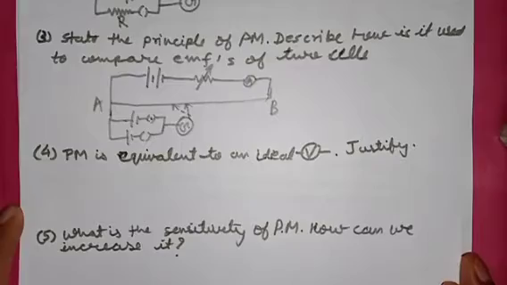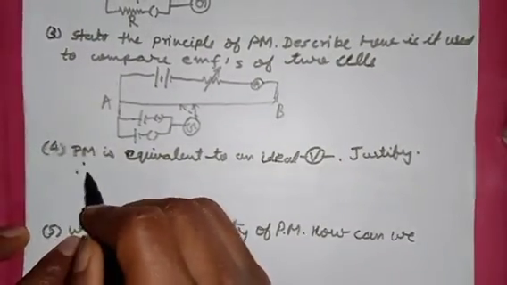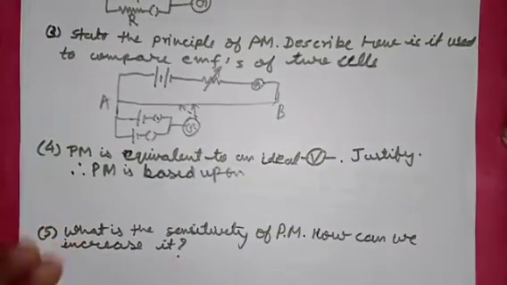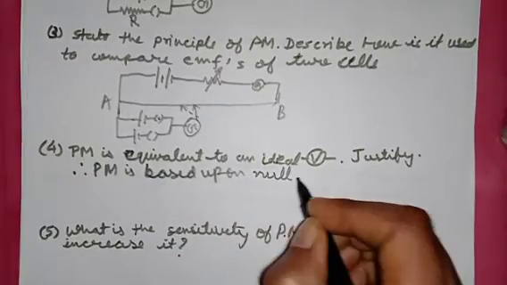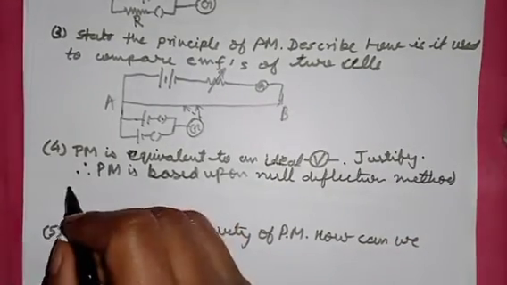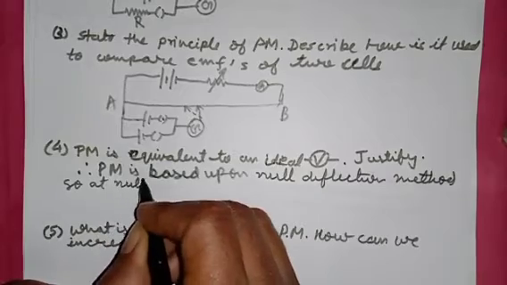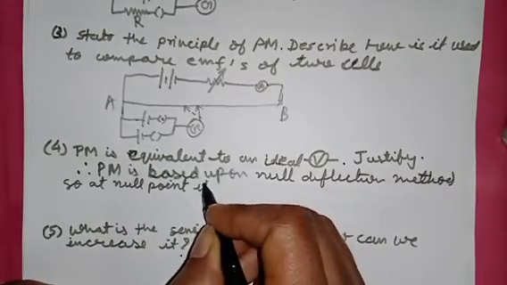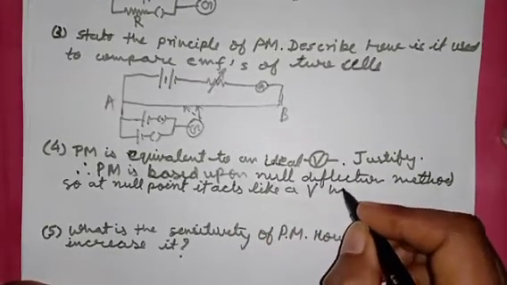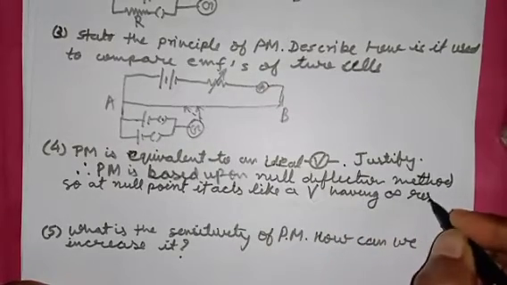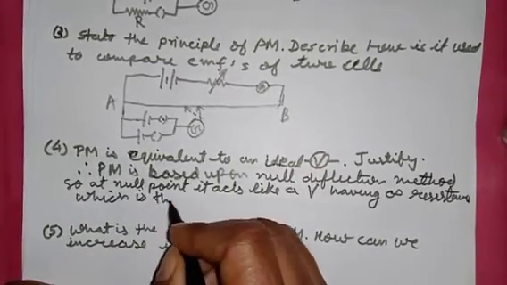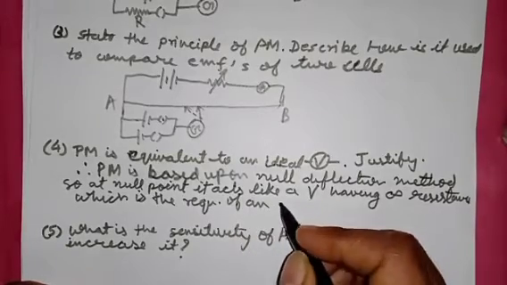Since the potentiometer is based upon the null deflection method, at the null point it acts like a voltmeter having infinite resistance, which is the requirement of an ideal voltmeter.